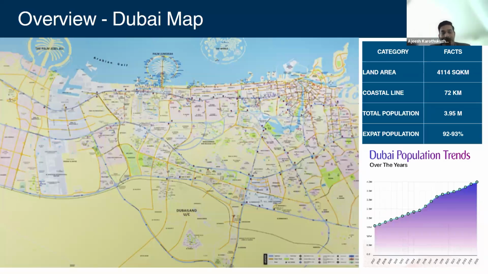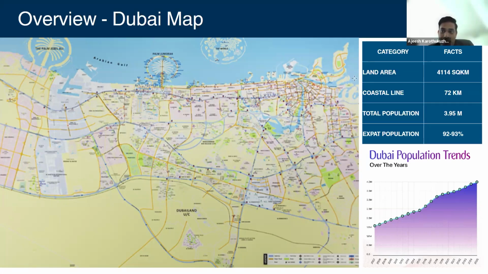So this is a picture of Dubai. It may not be clear, but the left side of this map is Abu Dhabi, and towards the right side is Sharjah. The land area of Dubai is 4,000 square kilometers, with a coastline from left to right of around 72 kilometers.